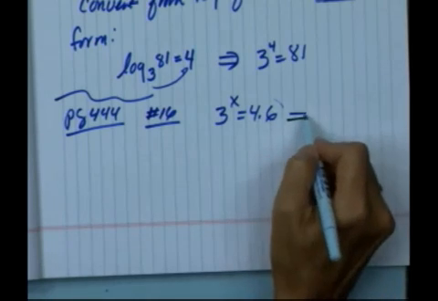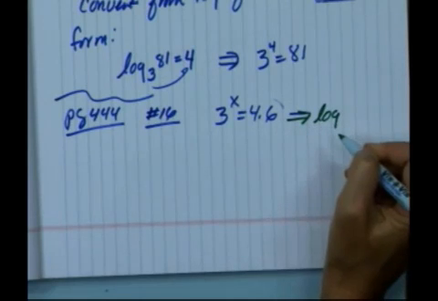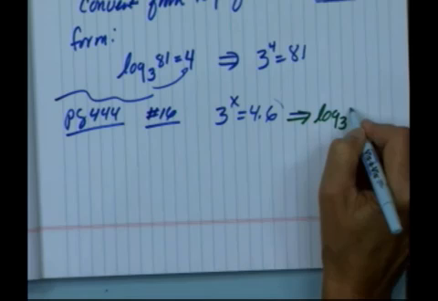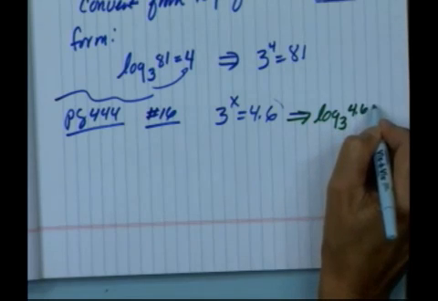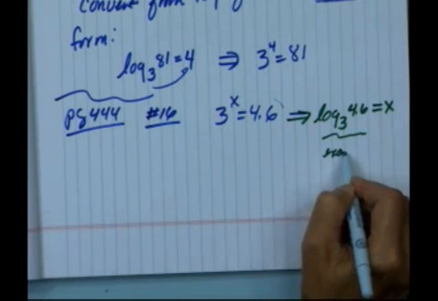To switch that to a logarithmic equation, it's going to be log to what base? Log base 3 of 4.6 equals x. By the way, this is called an exact value.